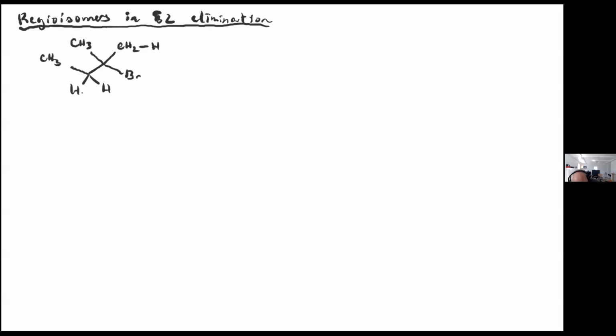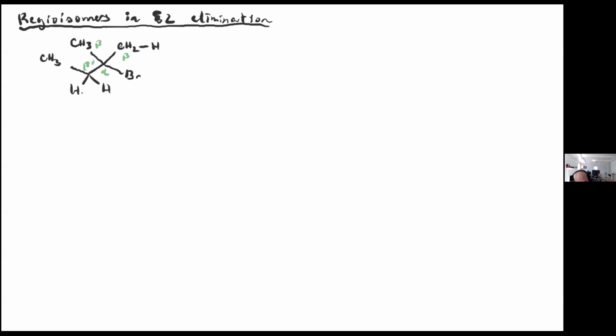If we label the carbons, so alpha, beta, beta, beta, right? I have two different types of beta protons, right? And so let's call this beta prime just to distinguish it.